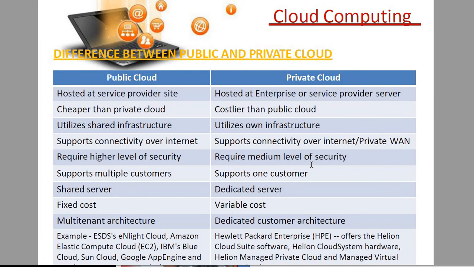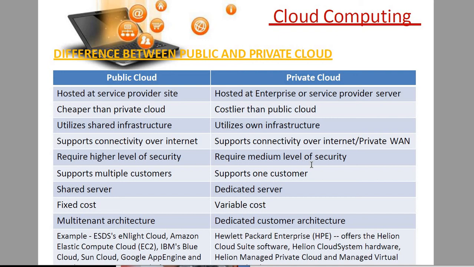Difference between public and private cloud. What's the difference? A public cloud can be hosted at the service provider side, who is providing you the service. But a private cloud is hosted at the enterprise side, because some organizations want that their data will not leak. They need privacy.